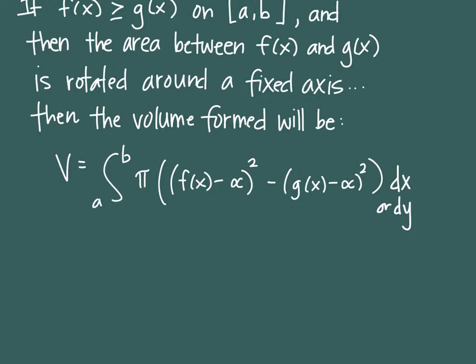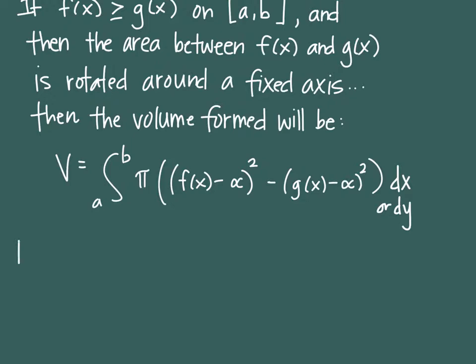My axis of rotation came through here, and at the other side, that's a horizontal axis of rotation. As opposed to this way, your axis is going to be going up through the middle, coming out that way. That's a vertical axis of rotation. The value of the volume is going to be the same either way, but how you compute it will be either dx or dy.